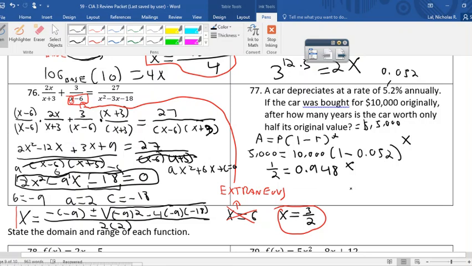To solve for x, the log base 0.948 of 1/2 should be equal to x.